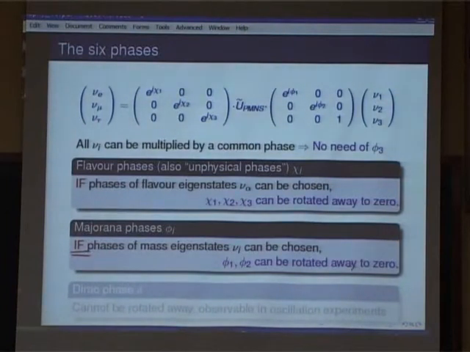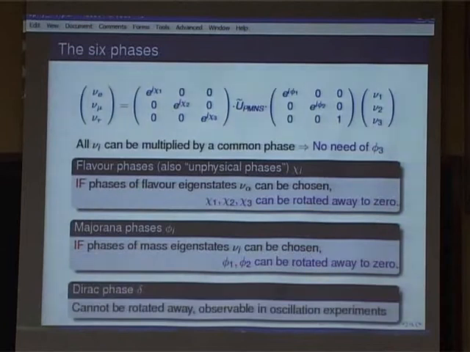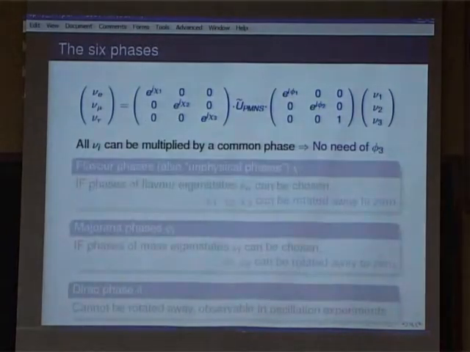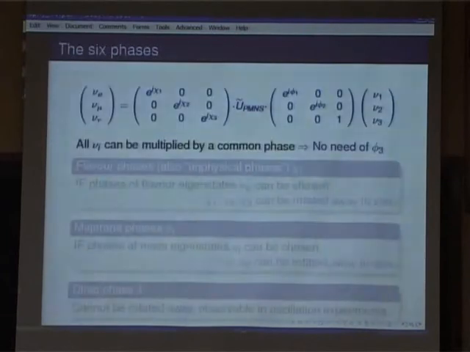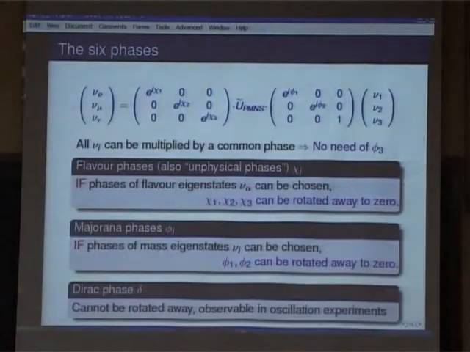Now what is left? So these 5 phases can therefore be made 0, at least under certain conditions. What is left is the Dirac phase delta. In the U_PMNS, we had this phase delta. It turns out that there is absolutely no way that you can rotate this phase away.